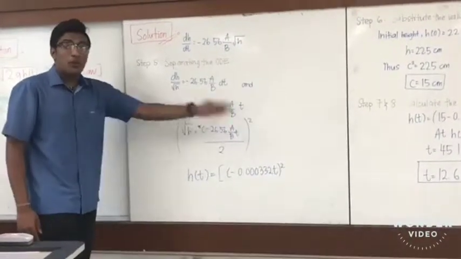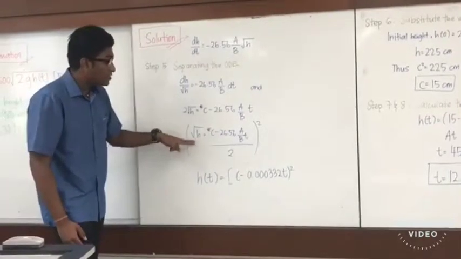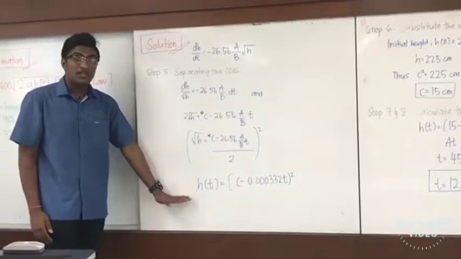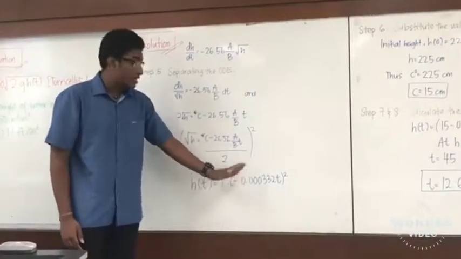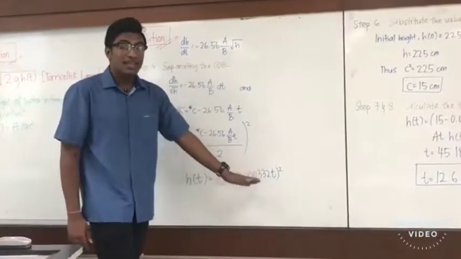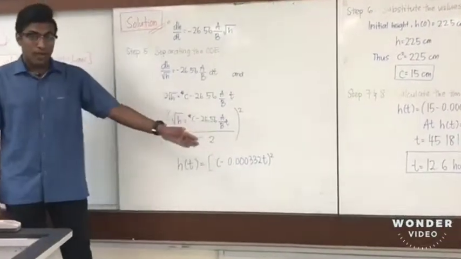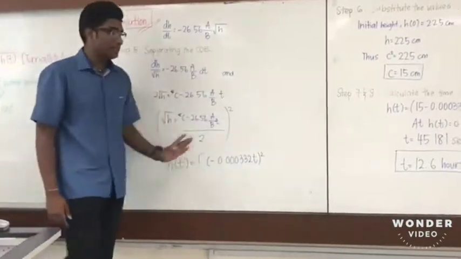Then I will divide by 2 and square this whole equation to remove the square root. The final equation for the height will be h equals (C minus 0.000332 t) all squared. So that will be our equation for the change in height.